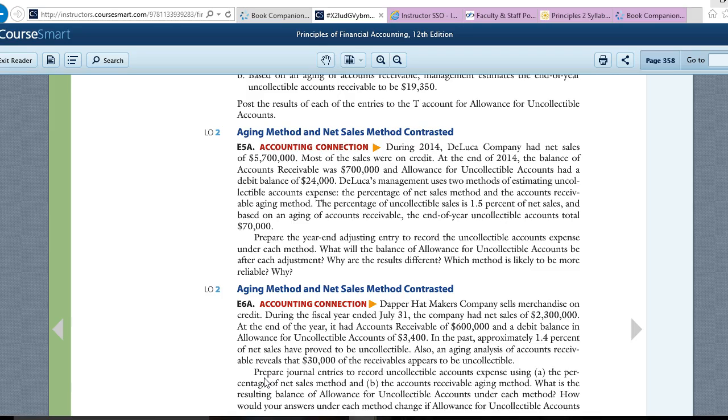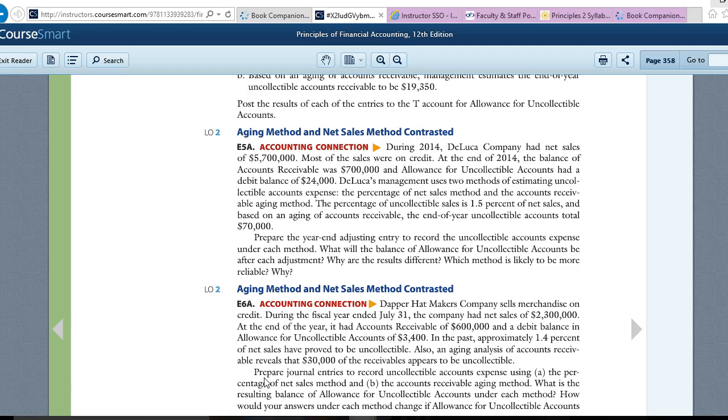Prepare the year-end adjusting entry to record the uncollectible account expense under each method. What will the balance of allowance for uncollectible accounts be after each adjustment? Why are the results different? Which method is likely to be more reliable, and why?